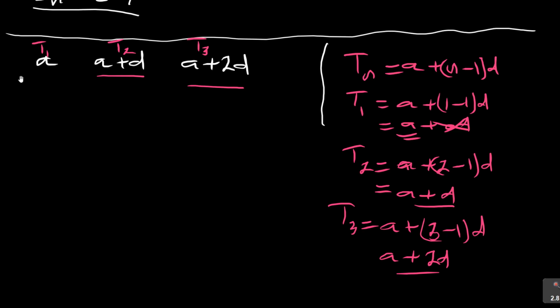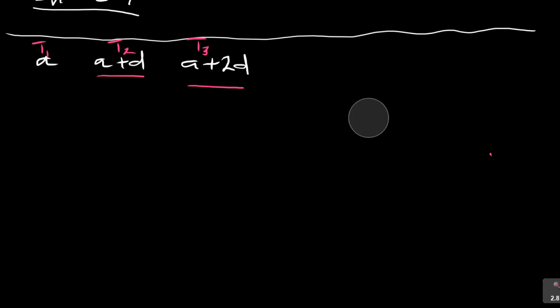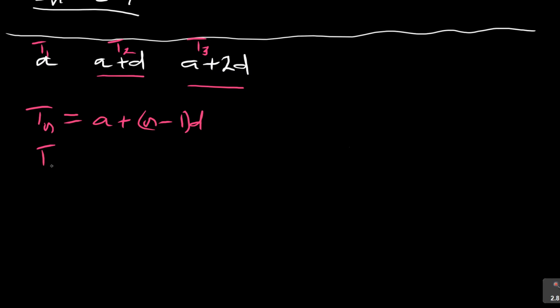Now the last 3, remember the last 3 that I showed you. My last T was a plus n minus 1 d. This is where you need to be sensitive. And the following one before that is a plus n minus 2 d.